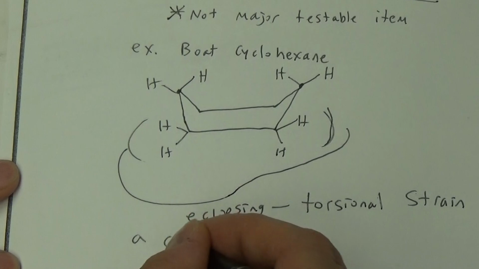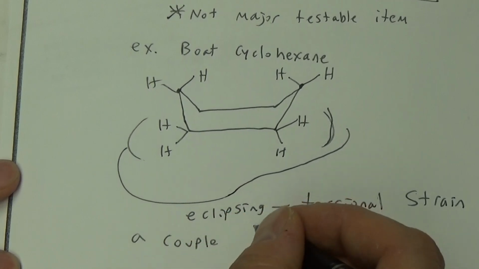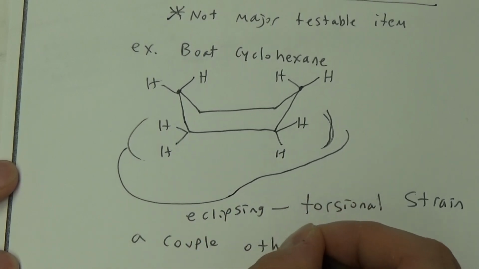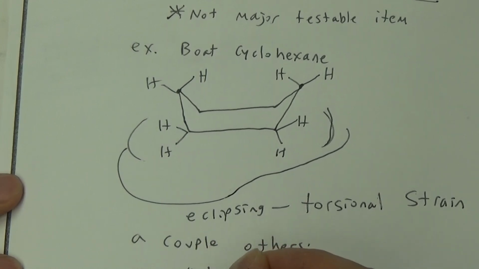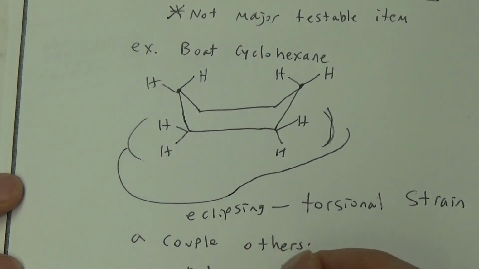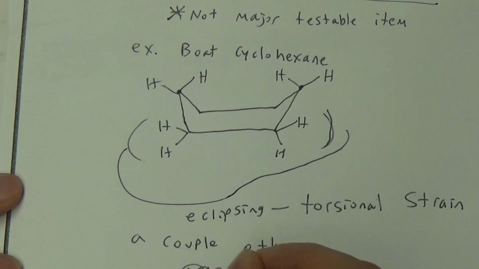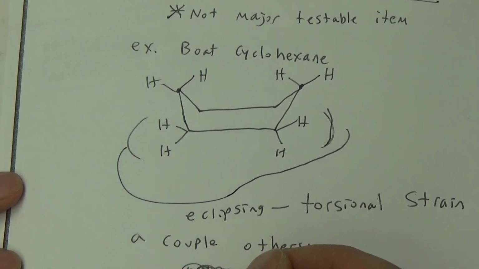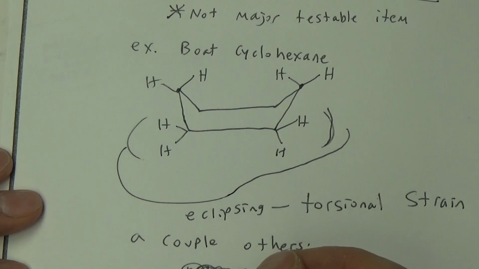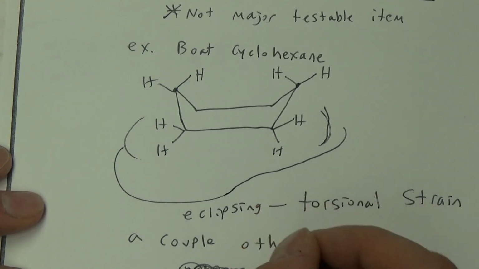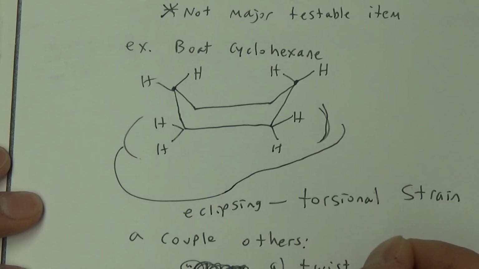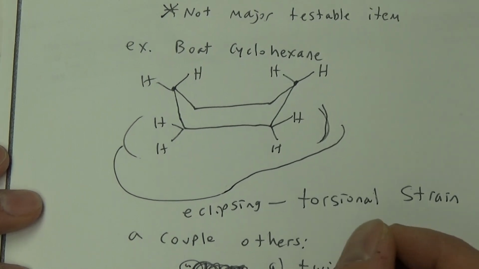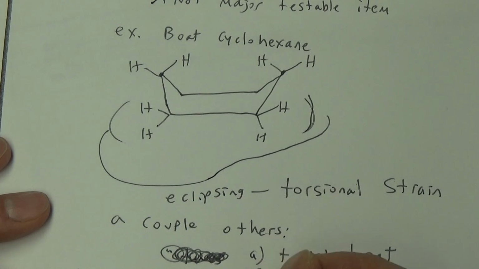There's a couple other intermediate conformations. The others are twist-boat and half-chair.